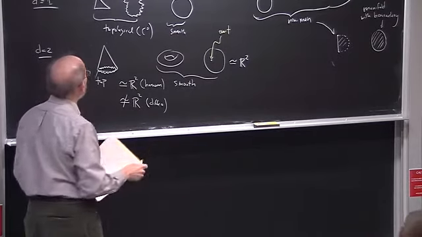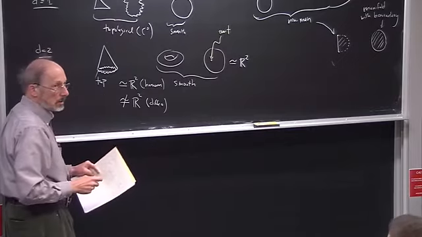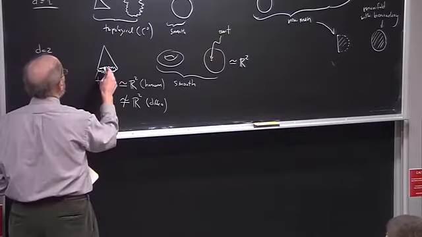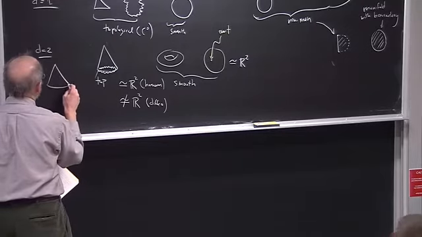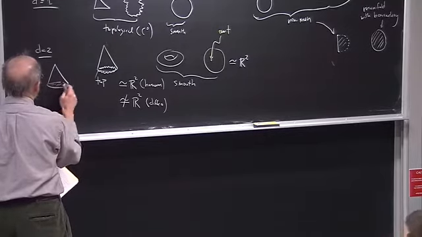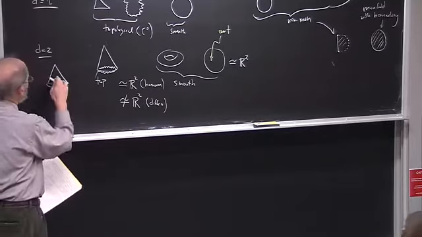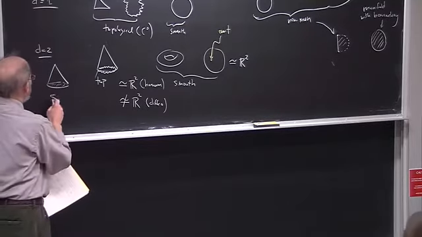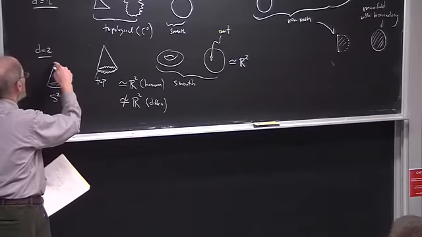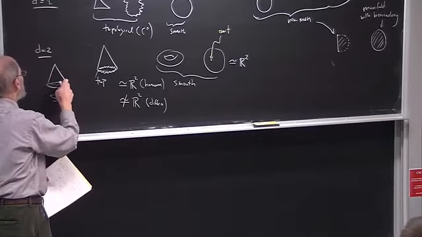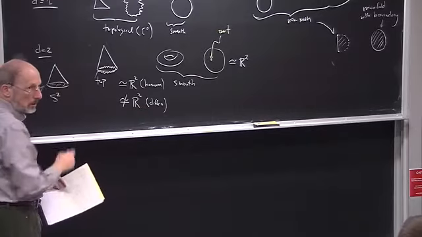If I capped it off, yes, then it would be a sphere, homeomorphic to S2, and again not diffeomorphic to S2, because now it's got a singularity here, and also here.